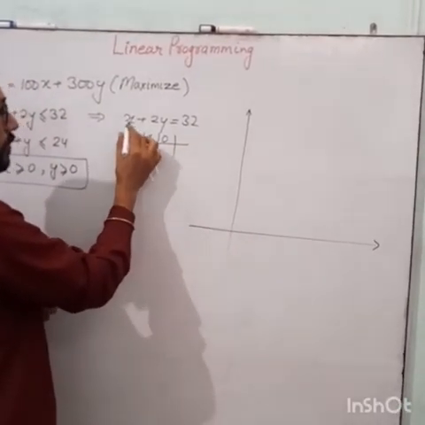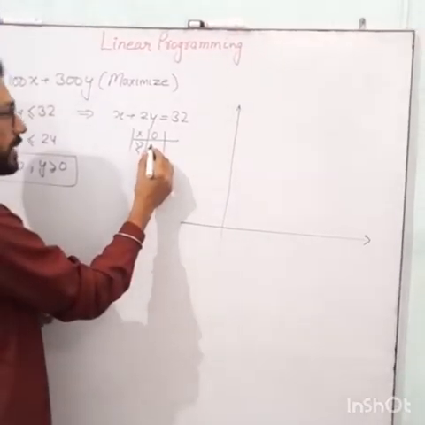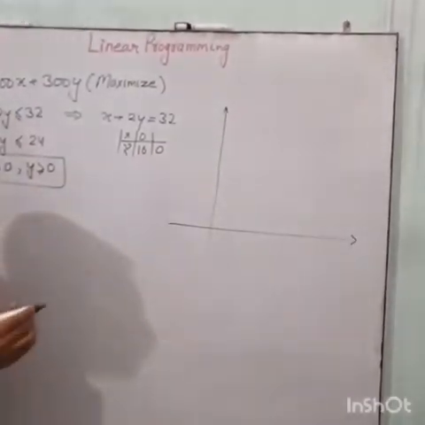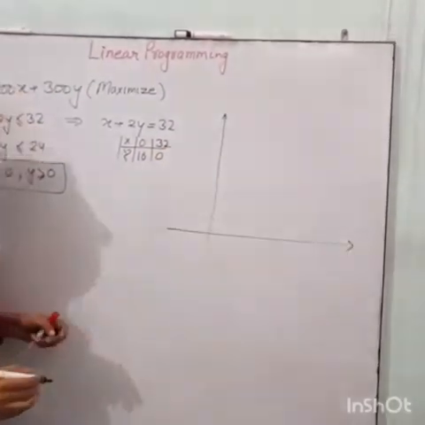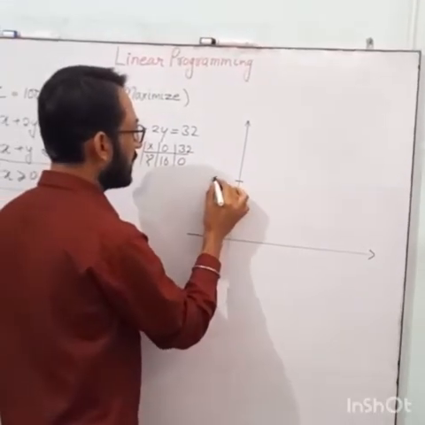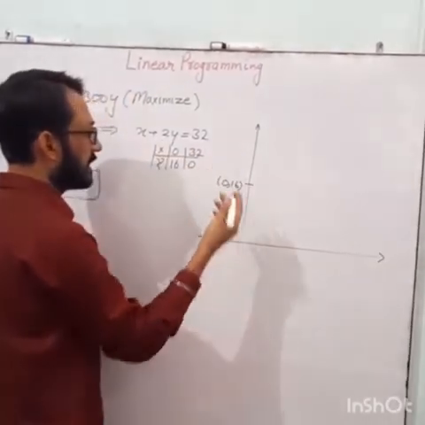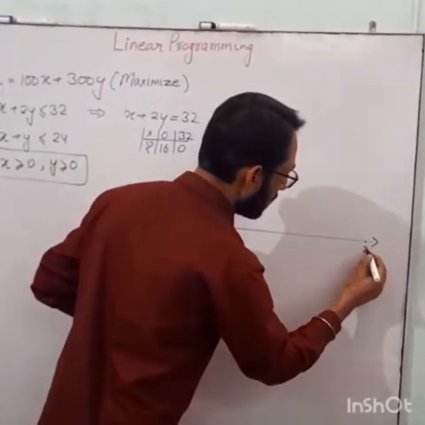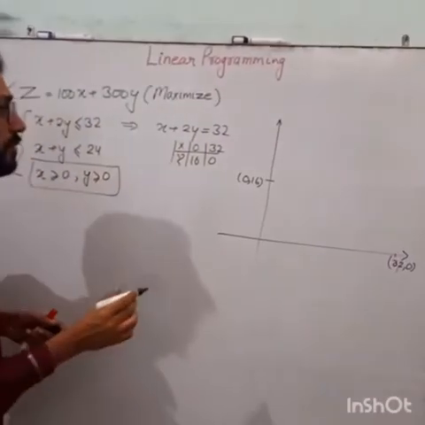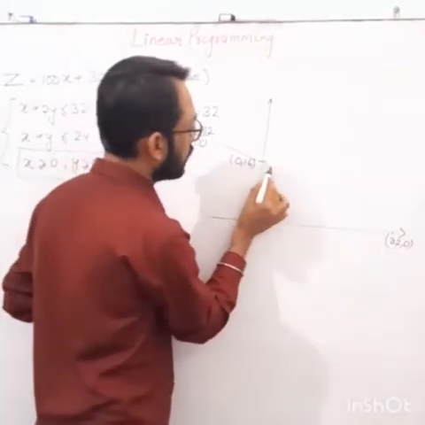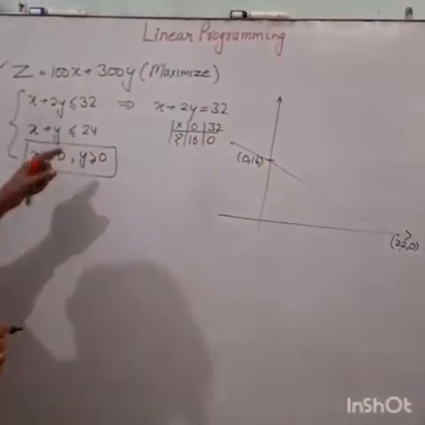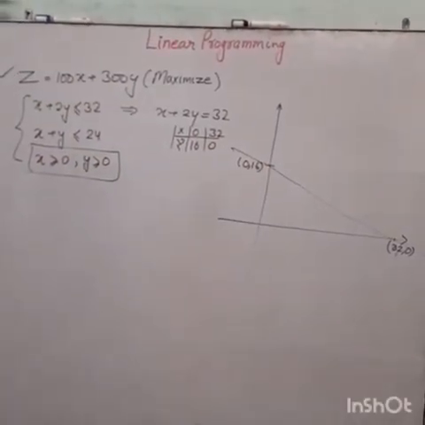When x is 0, the value of y will be 16, and when y is 0, x will be 32. So we have got the first line for this particular inequality. Now we need to shade the region where the shading will go.